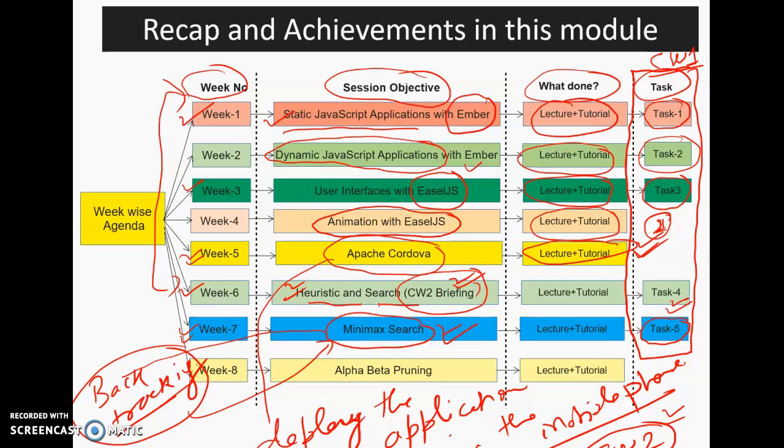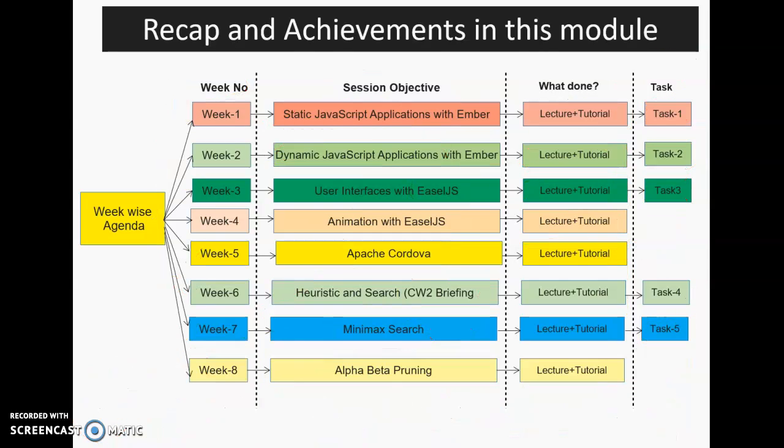In this week, we are going to discuss a new topic. This is week number 8, and we are going to discuss alpha beta pruning. First you will get the video lectures, and then during the tutorial session you will implement the concepts practically.